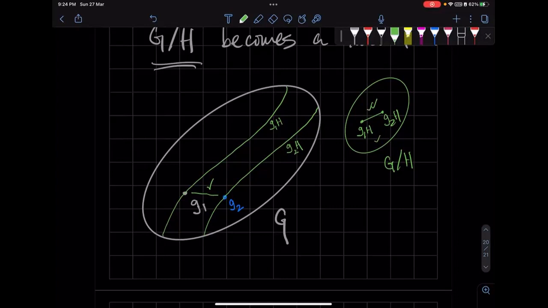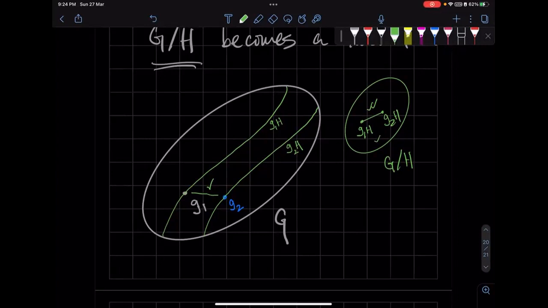Would this second manifold be a discrete set of points though? No, it'll still be a manifold, but its dimension would be reduced.